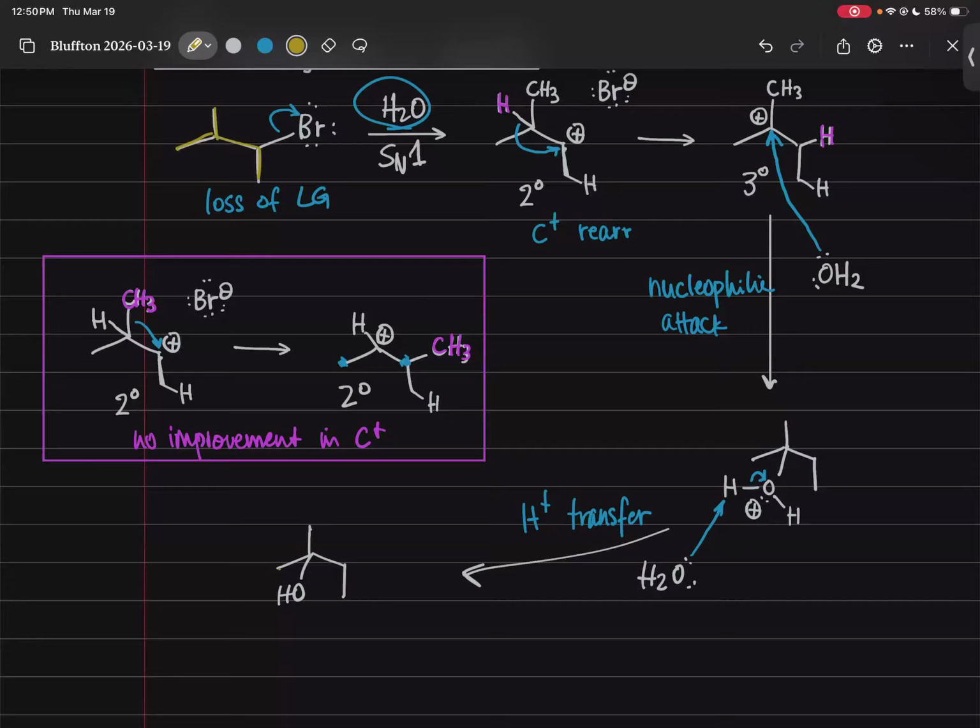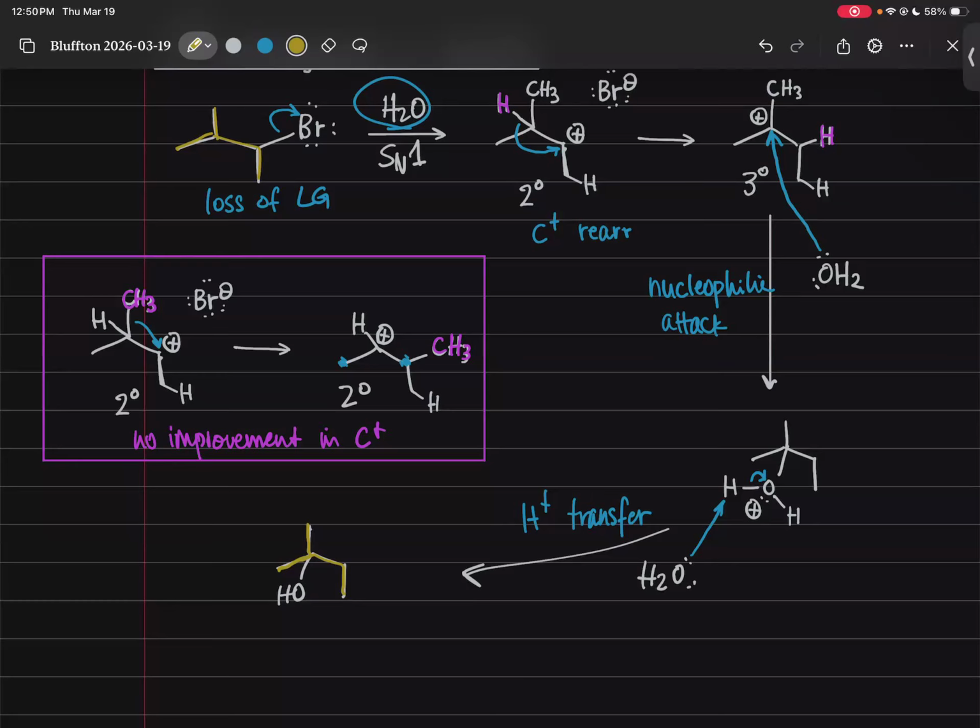If we compare the carbon skeleton of the starting material and the product, it's the same, but the attachment point where our substituent is different. And that's because of the carbocation rearrangement.